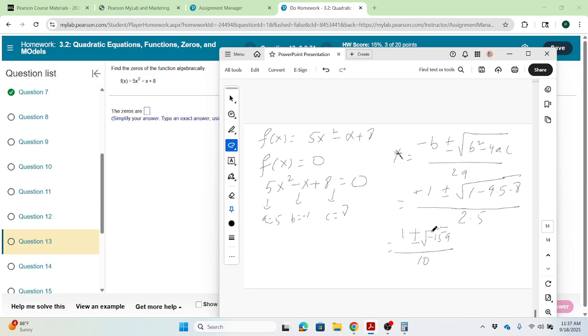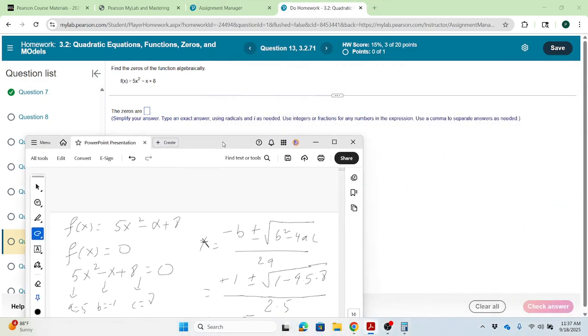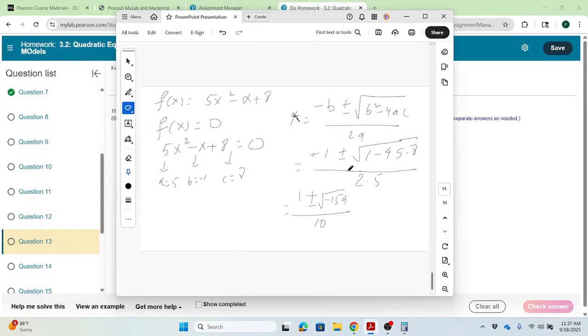The zeros are, as you can see here, they are asking us to use radical and i as needed. So 159, is it something we can factor out? 159 is 3 times 53, and there is nothing else we can do. So this is 1 plus or minus the square root of 159 times the square root of -1, divided by 10.